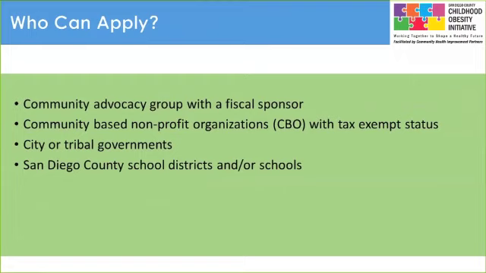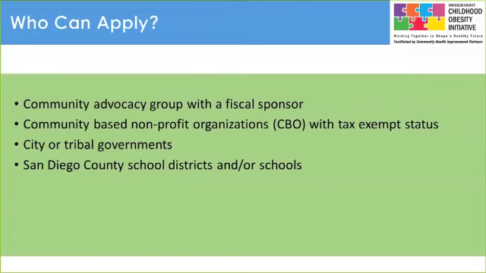So for resident-led community groups that are interested in applying for funding, they'll need to do so with support of a fiscal sponsor. A fiscal sponsor can be a city or tribal school district or a nonprofit organization that's tax exempt, and they would just need to provide a letter of commitment on the organization's letterhead, and they'll also need to be listed on the application.